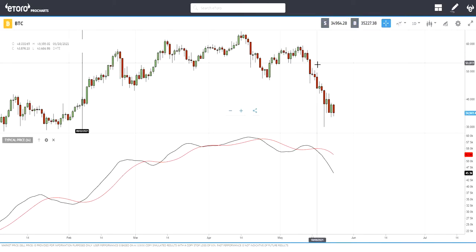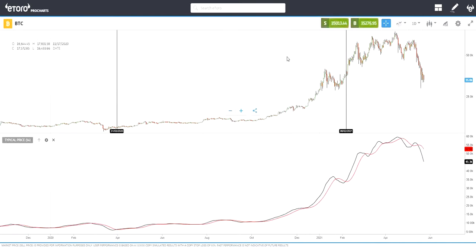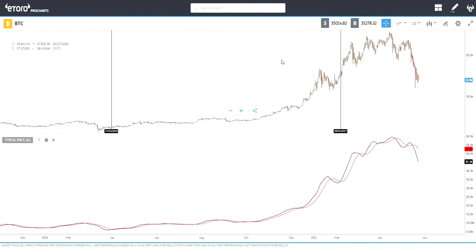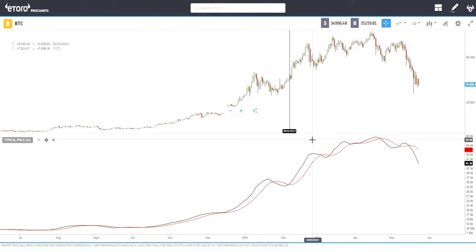Then it kept going down more and more. Anyway, many wealthy people and big whales are playing with crypto in their favor. We're not talking about that in this tutorial. This is just a technical indicator tutorial.